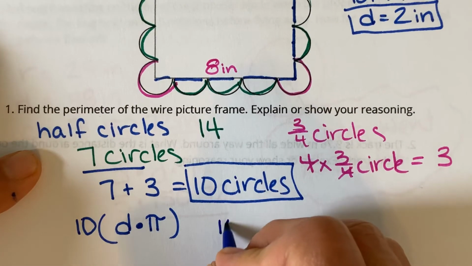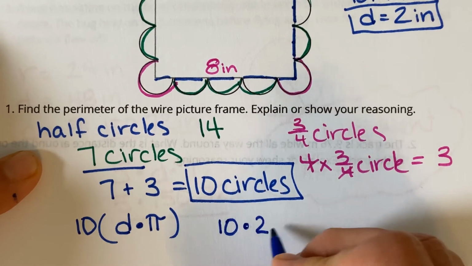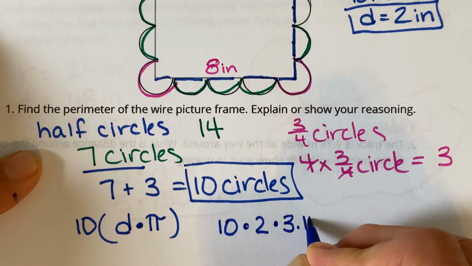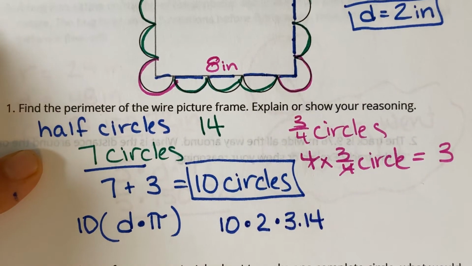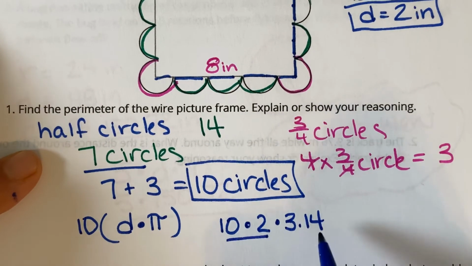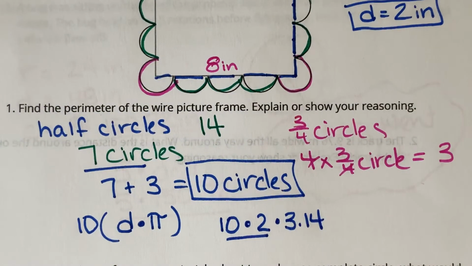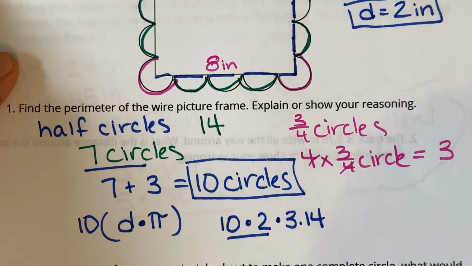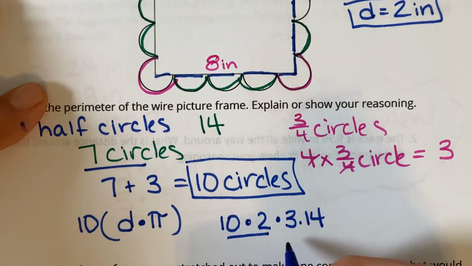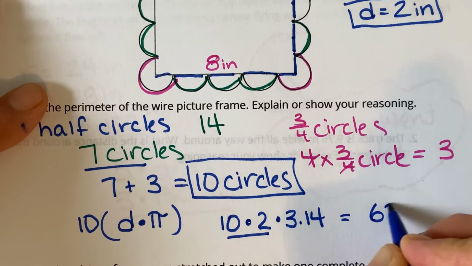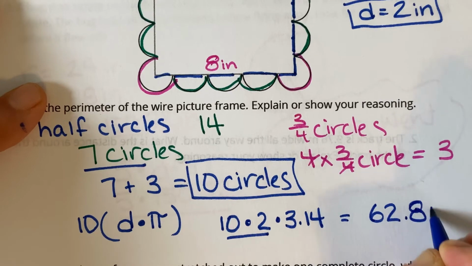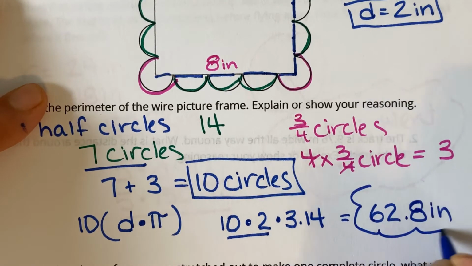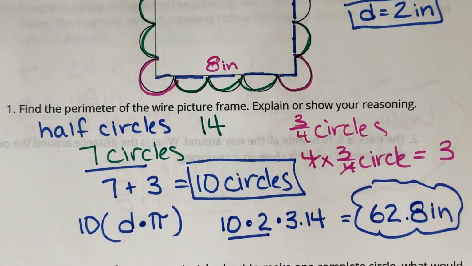So I would say 10 times 2 times 3.14, which is 20 times 3.14, which is 62.8. So this would give me 62.8 inches. That would be the perimeter of that.